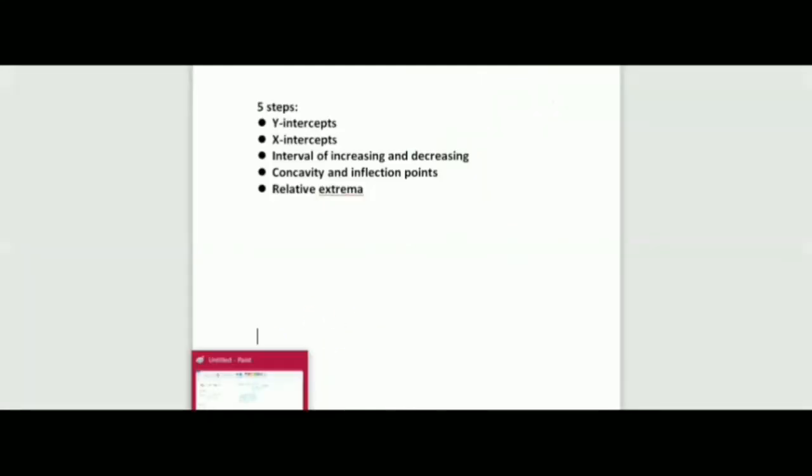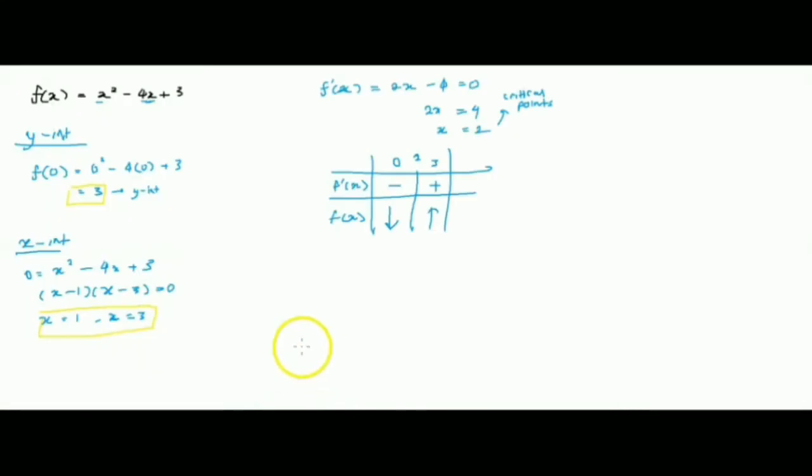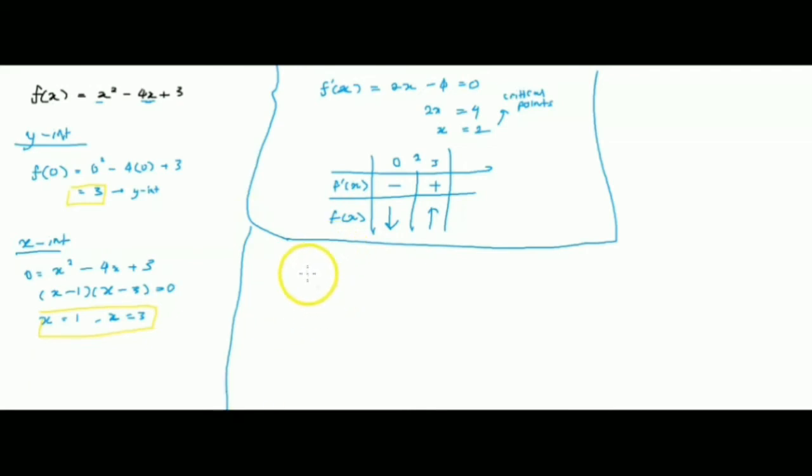Okay, for the next step, we need to find the concavity and inflection points. From this function, which we differentiated earlier, we need to differentiate it again in order to find the concavity. So we differentiate again to get f double prime x.